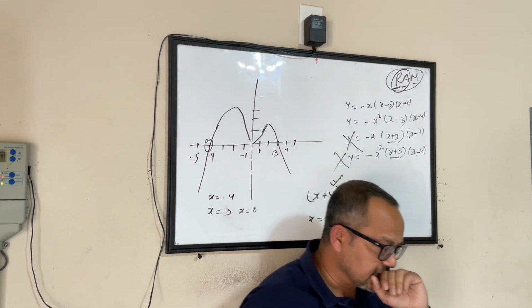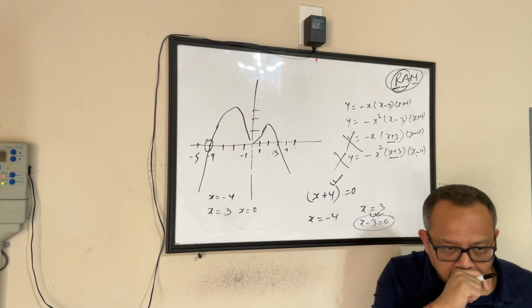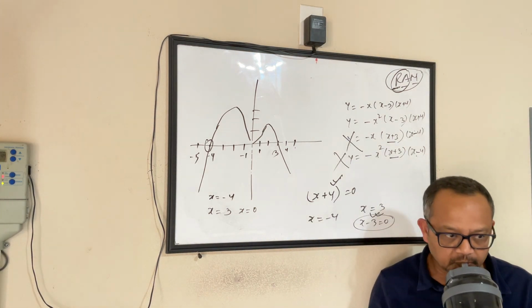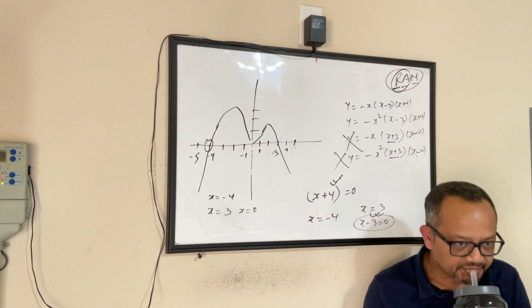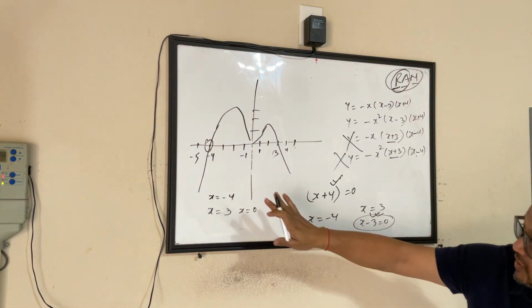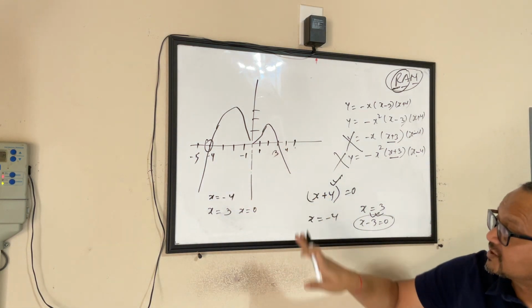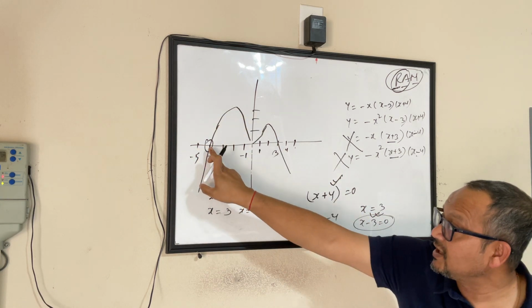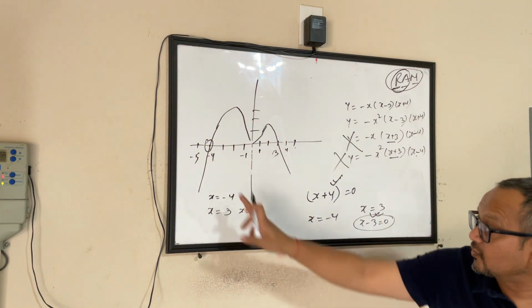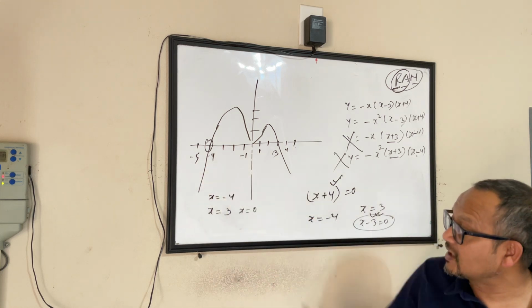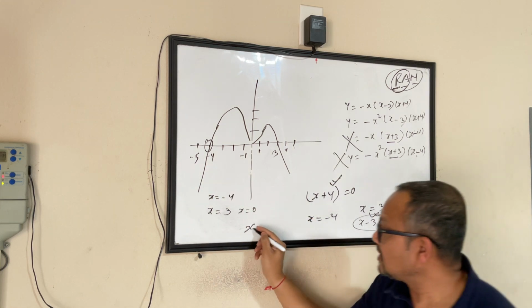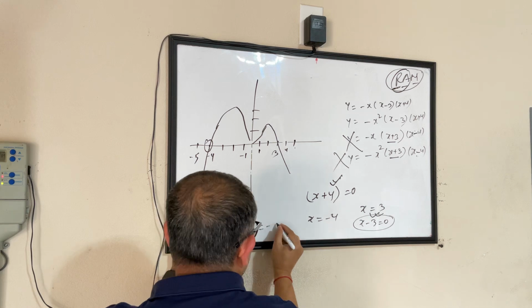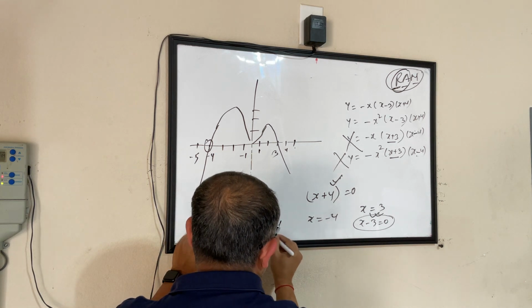Is it making sense to you guys? So here, just by looking at the intercepts, on this graph it will be intersecting at minus 4. That means when x equal to minus 4, x plus 4 has to be 0.